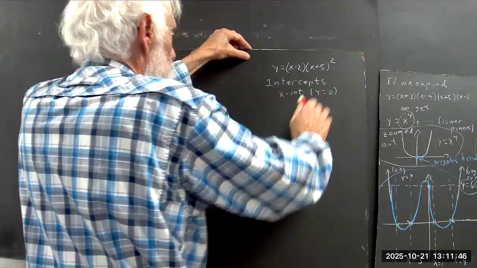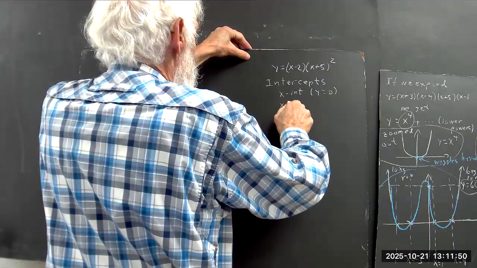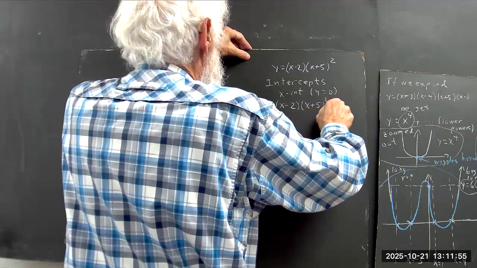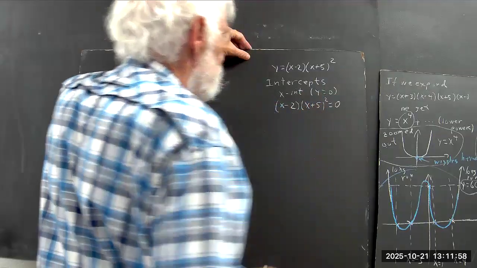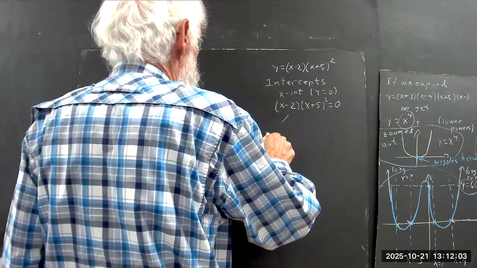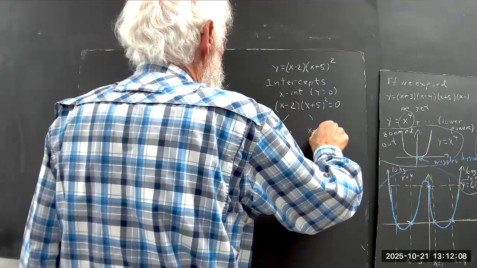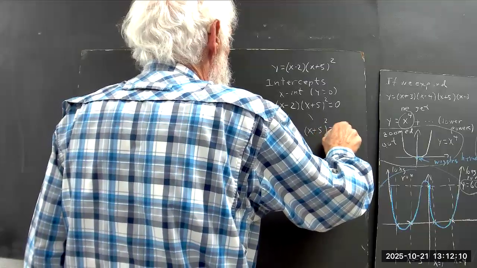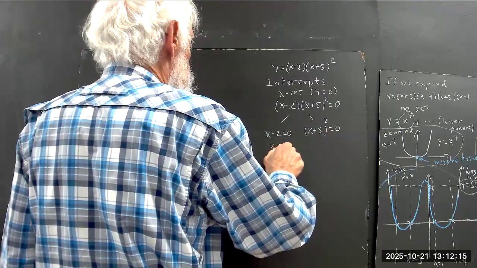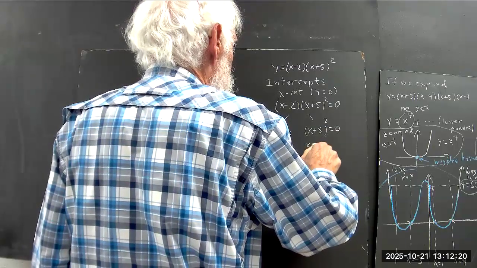I could write x-intercept by myself: that y equals 0, so that if y is 0, then this is 0. So this is 0 and this is 0. Add 2 to both sides, you get x equals 2. Take the square root of both sides.